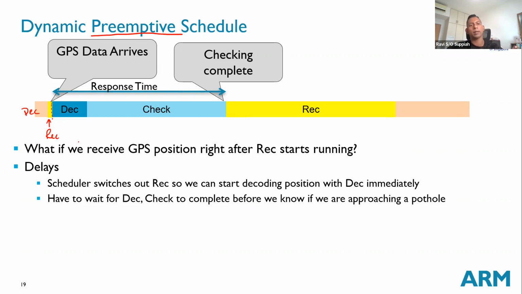Since the GPS data comes in, I will be able to immediately switch out from record and go to decode, because the decode is now considered a higher priority. So this allows me the most efficient response time, because I'm able to preemptively switch out from a task to go to another higher priority task. That is the dynamic preemptive scheduling.